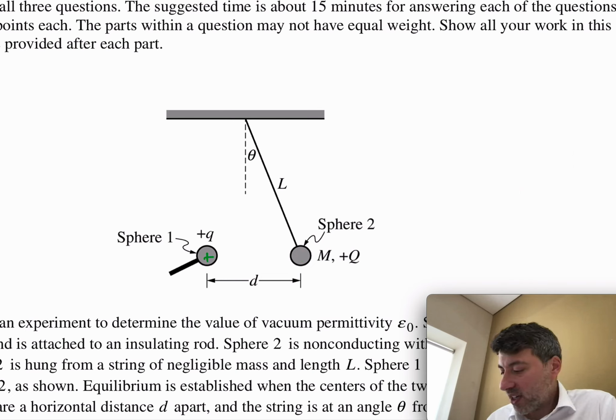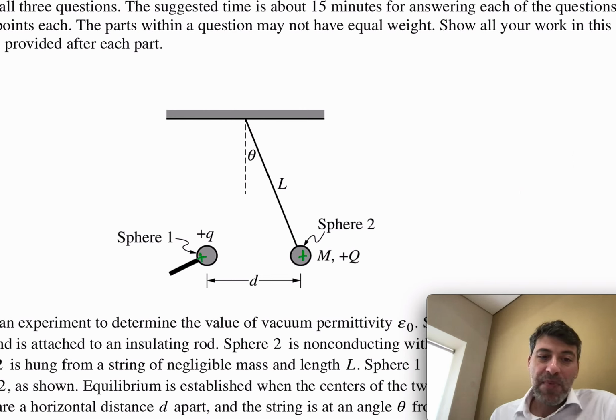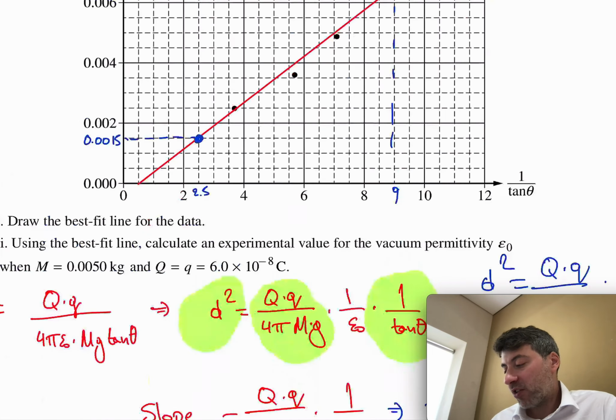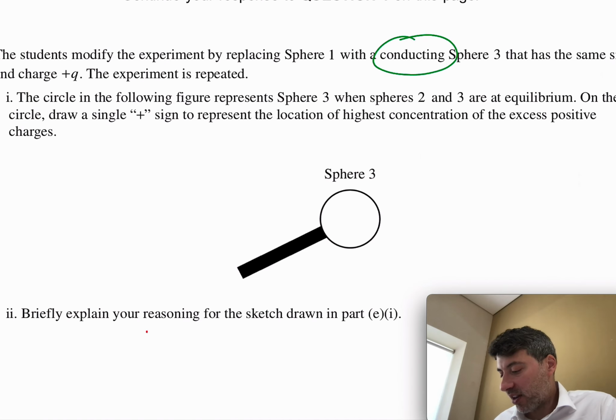So the positive charge on the first sphere will tend to be repelled to the opposite side, to the left. If we need a proper explanation, we need to consider that the negative charge is attracted to the right, and this will cause an excess positive charge on the left side of the sphere 1. Well, it is not sphere 1 anymore, it is in reality sphere 3.